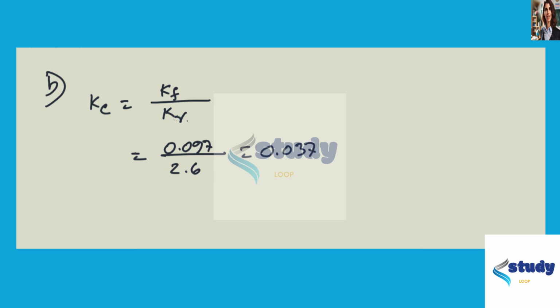So now if we compare these values, this is the Kc value at 800 K. At 700 K, the Kc value is 0.028.